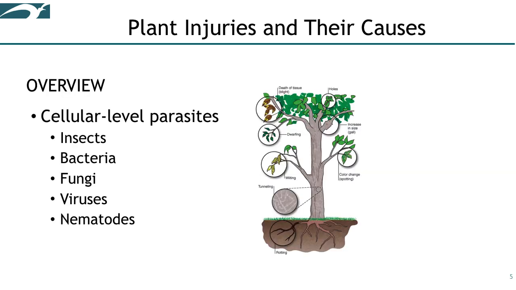Now let's look at the overview. There are some parasites that are part of this system: insects, bacteria, fungi, various sorts of viruses, and nematodes that you will find out there that will cause harm to the plant.